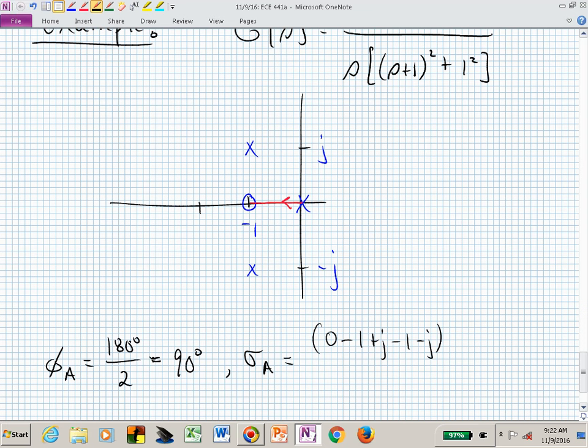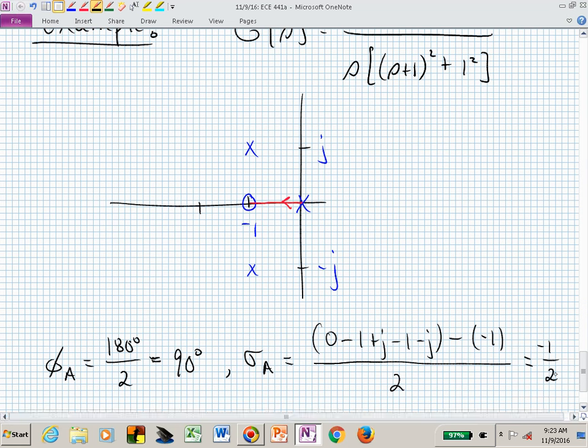Now we subtract the zeros, and we have 1 0 at -1, all divided by the pole 0 excess, which is 2. We now have -1, -1 plus 1, or -1 divided by 2. Our centroid is at -1/2.